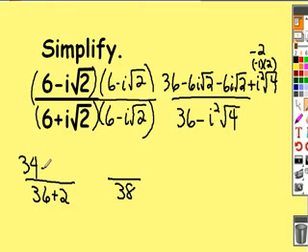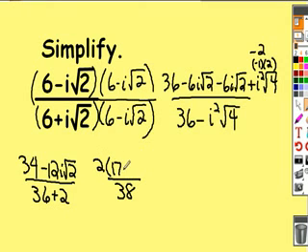Add your inner and outer, minus 12i times the square root of 2. And you see how we have two even numbers here and an even number down here. We recognize that it's going to be canceled by 2. So I'm just going to factor the 2 out.